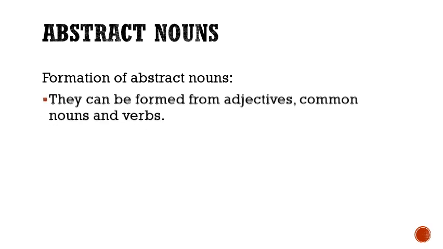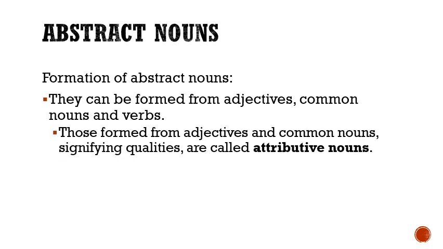Now let's have a look at formation of abstract nouns. They can be formed from adjectives, common nouns and verbs. Those formed from adjectives and common nouns signifying qualities are called attributive nouns.